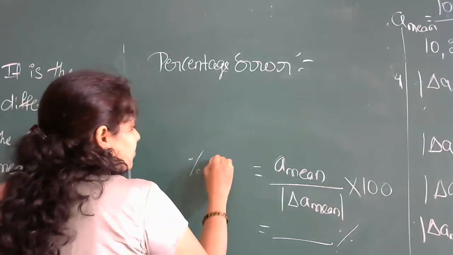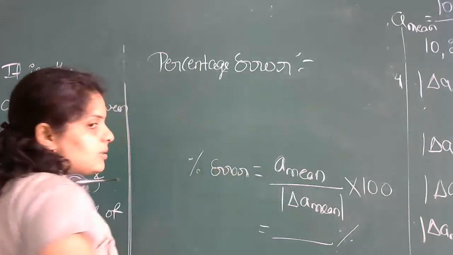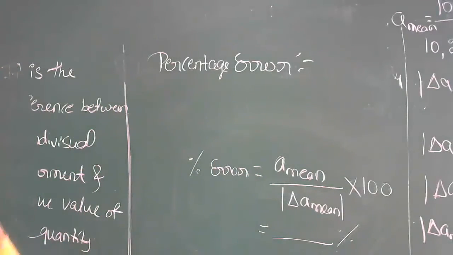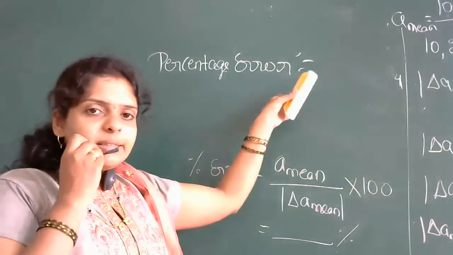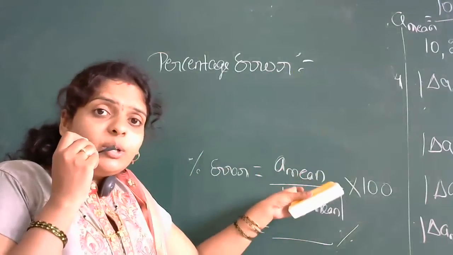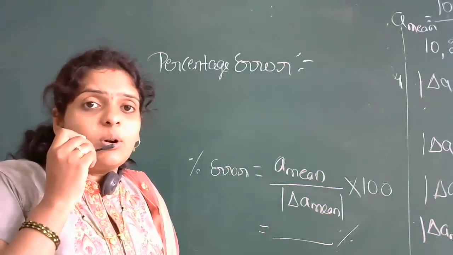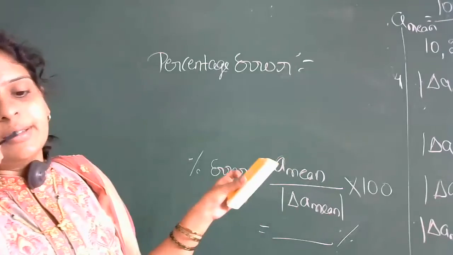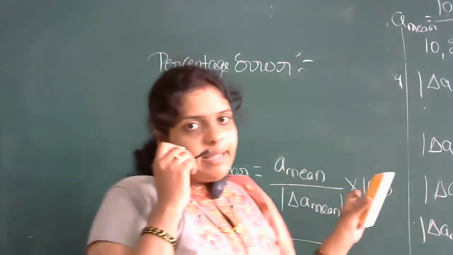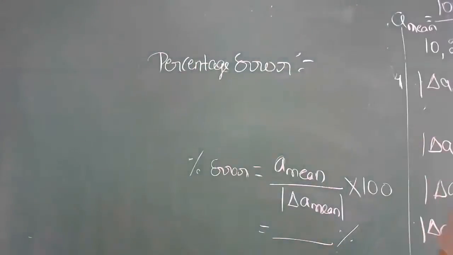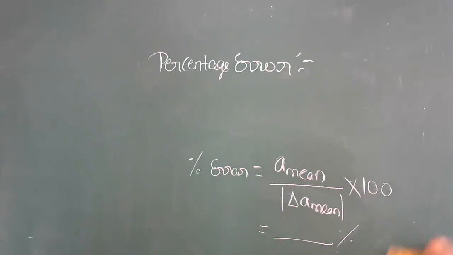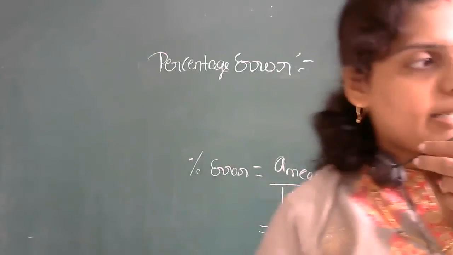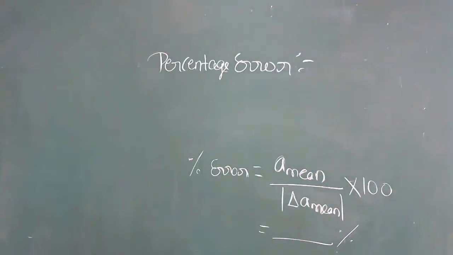This is known as percentage error. This is the symbol for percentage. Very simple. Expressing relative error in terms of percentage is called percentage error. Suppose you are doing one practical; how much percent error is in it, that is called percentage error.